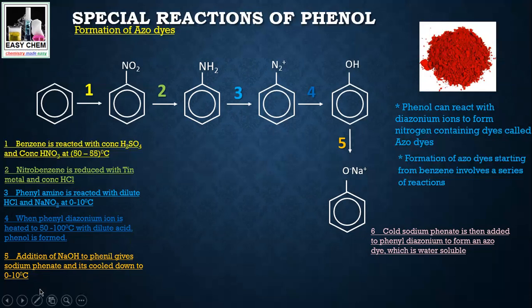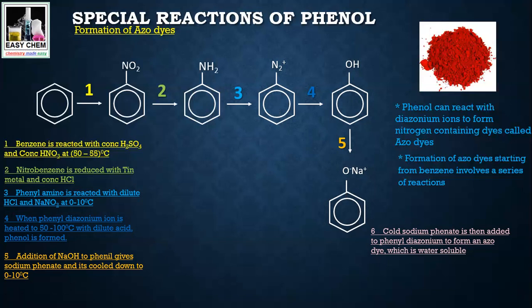You know the reason why we cool it down to 0 to 10 degrees Celsius. We are going to react this phenol with phenyl diazonium. I said phenyl diazonium is stable at 0 to 10 degrees Celsius. If you don't cool down this sodium phenate, as soon as the phenyl diazonium ion is added, the phenyl diazonium ion will disintegrate.